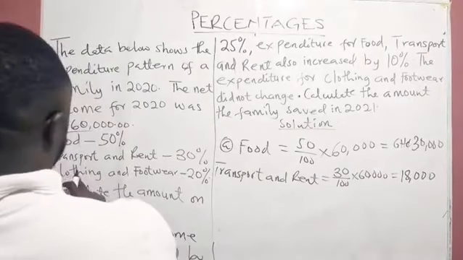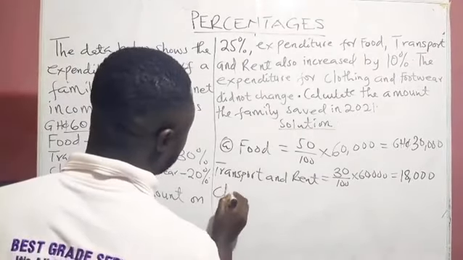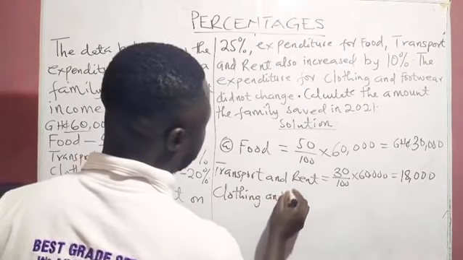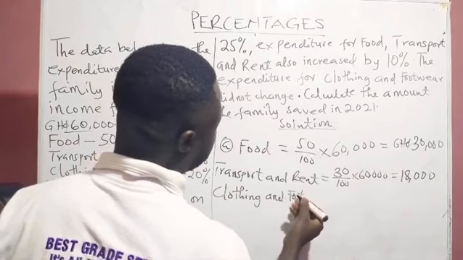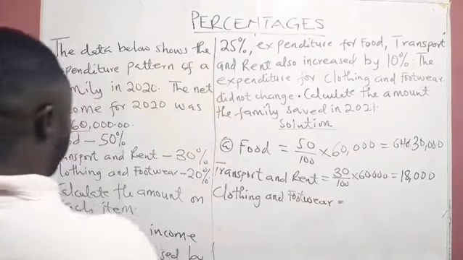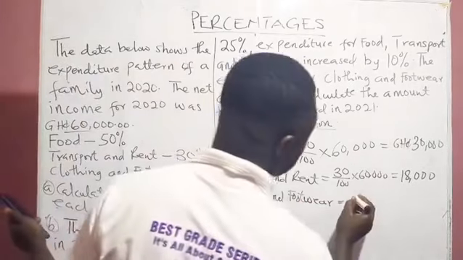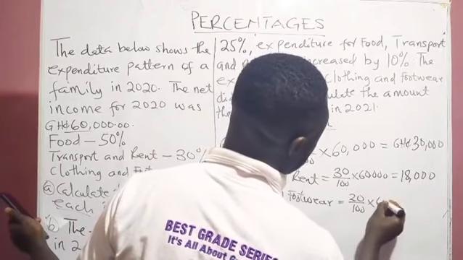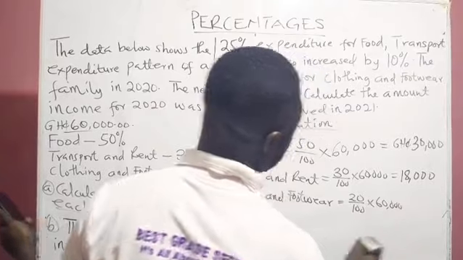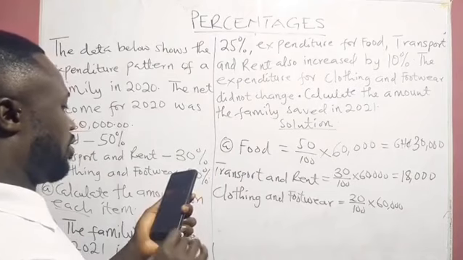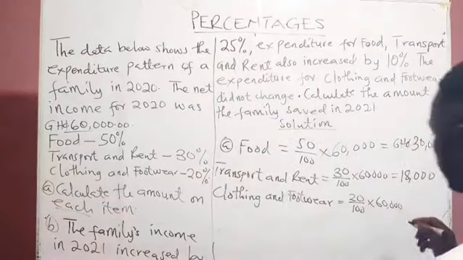Now what is left is clothing and footwear. How many percent? 20%. So 20 over 100 times 60,000 will give us 12,000.